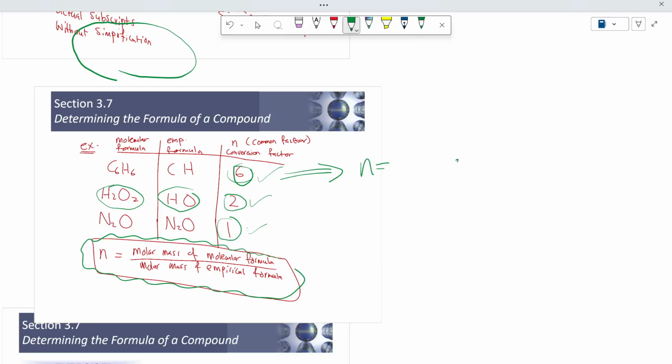The molar mass of C6H6 is 78, over the molar mass of CH, which is 13. Now when you divide 78 over 13, it will be 6. So this is how to determine the value of the common factor.